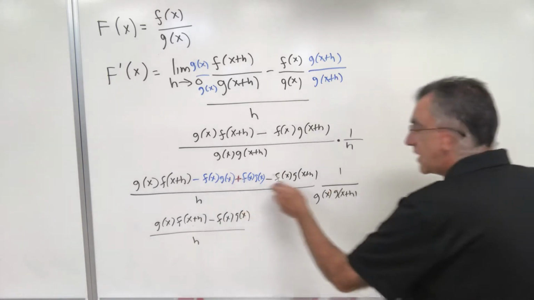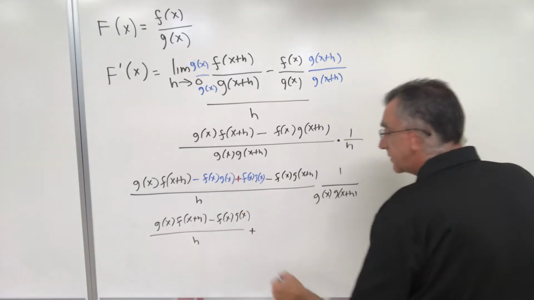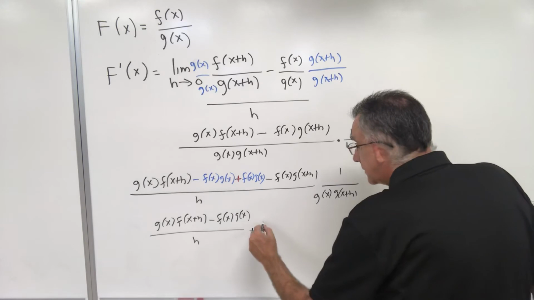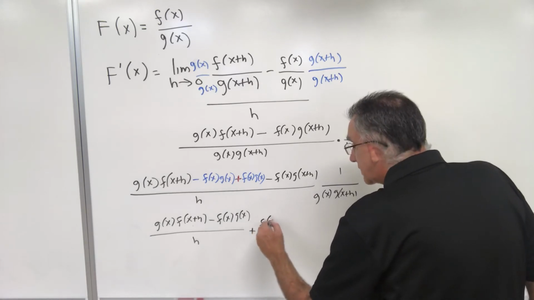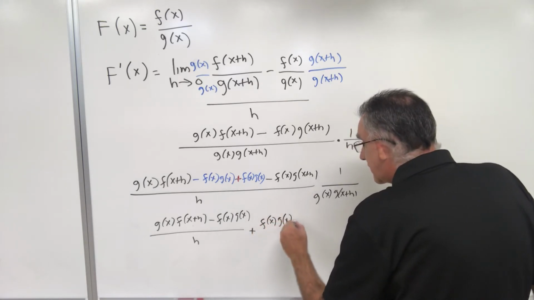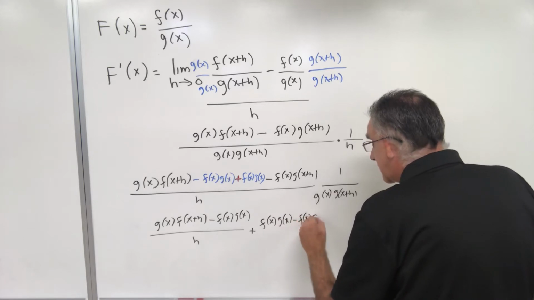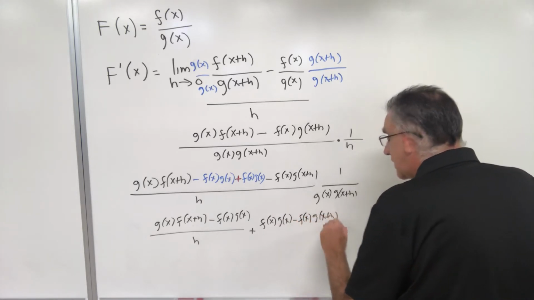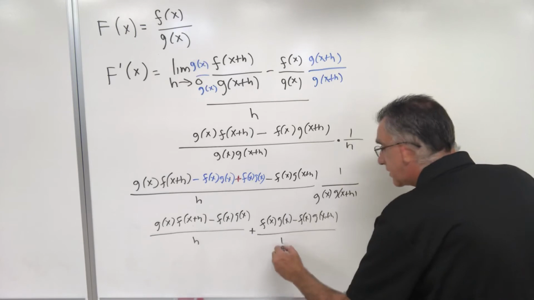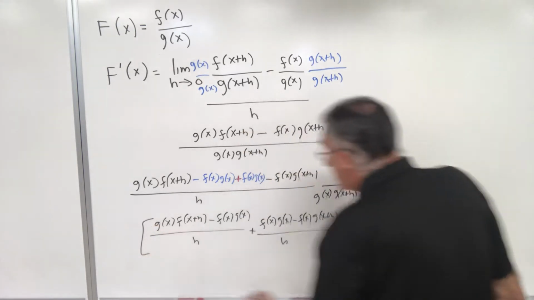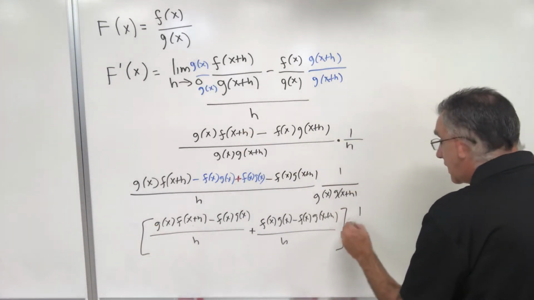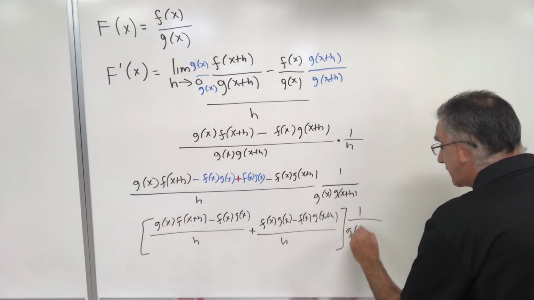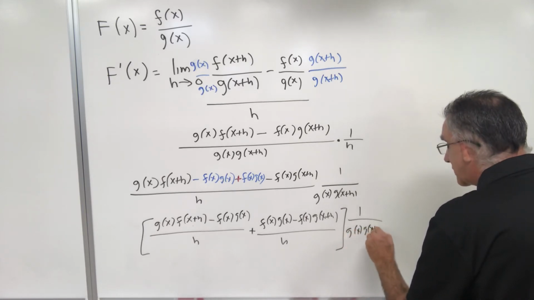And then on the other side, I'm going to have another one: f of x, g of x minus f of x, g of x plus h, all over h. And then I'm going to be multiplying this whole thing times 1 over g of x plus h.